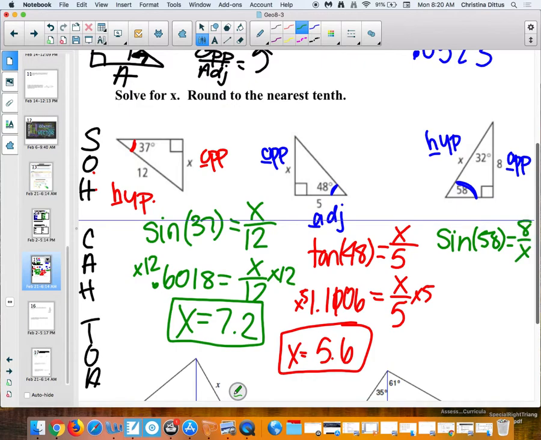Okay, so now here's where things get a little bit tricky. Notice x has always been on top. This time x is on bottom. First off, I want you to find the sine of 58. What'd you get? 0.8480. How am I gonna get the x out of the bottom?